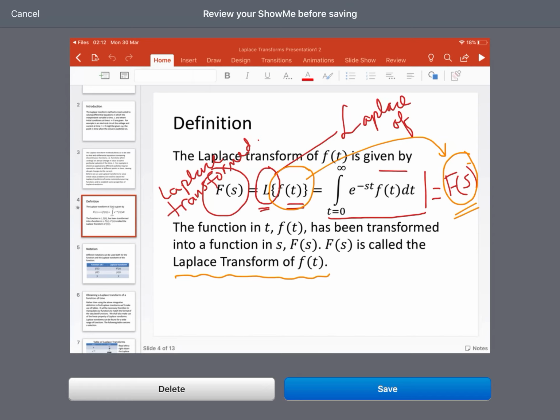And later on in this lesson we're also going to find the inverse Laplace transform of F(s), which gives us back f(t).